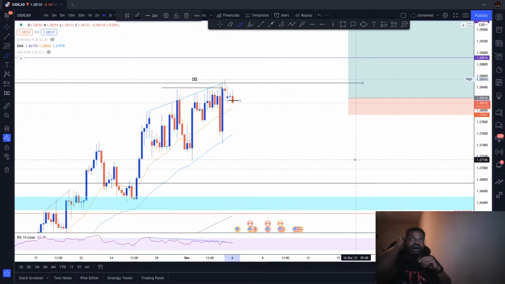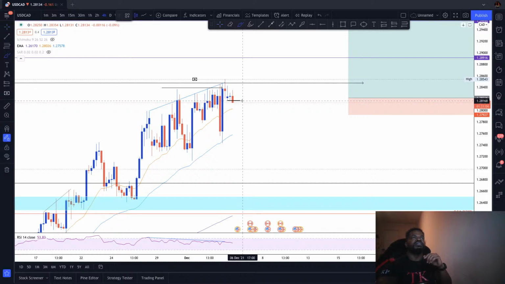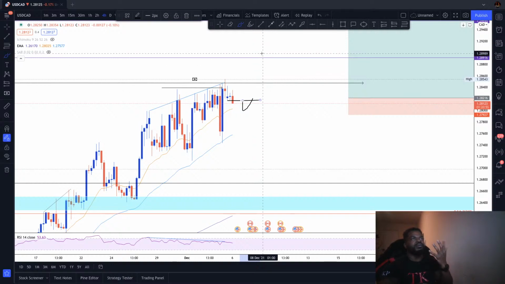And we have an hour and 21 minutes before that happens. Now this is the 4-hour chart, so keep in mind the possibility of this thing doing this and closing back above this level is high. It's a big chance that that can happen. It's the 4-hour chart. So what we'll do is just wait for the close. We'll come back and check on this after that hour and 30 minutes is up.